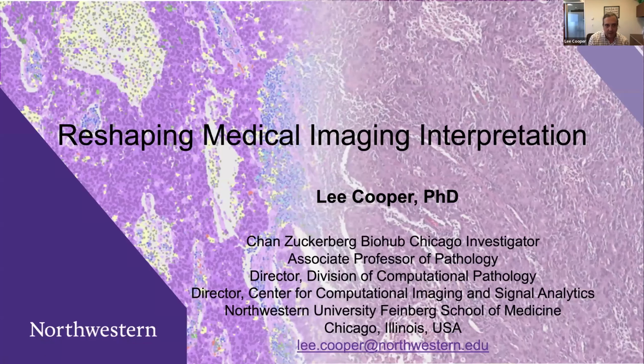I'm going to be talking about some of the research that NLM has been supporting in our lab. I'm an engineer by training. I've worked on pathology for my entire career after graduate school, and I'm here at Northwestern now, working with the University and Medical Center to see how we can improve pathology research and practice through computation.